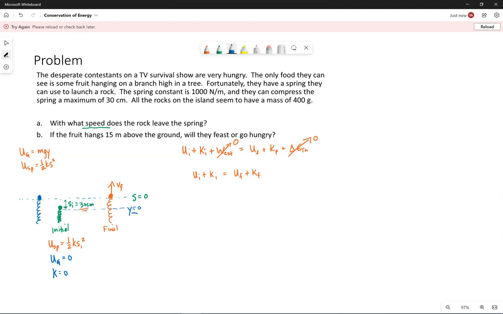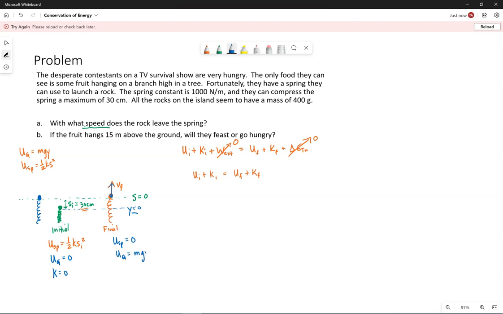At the final moment in time, meaning the rock is leaving and being launched from the spring, the spring is no longer stretched or compressed. So the spring itself is not contributing energy to the system, I should say.